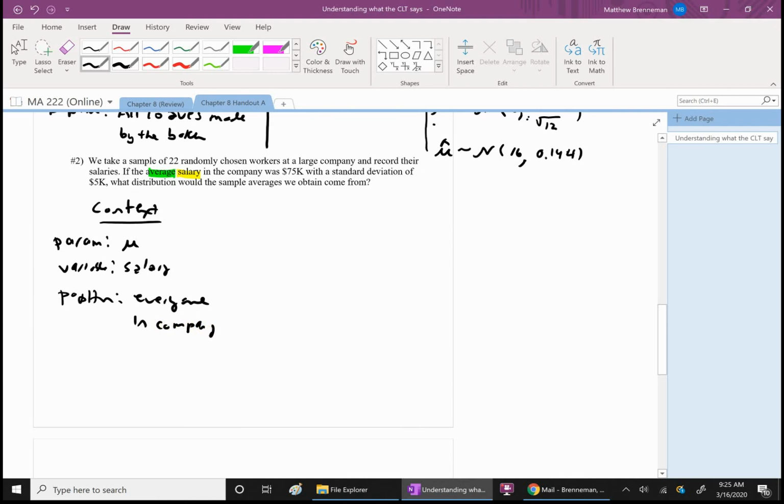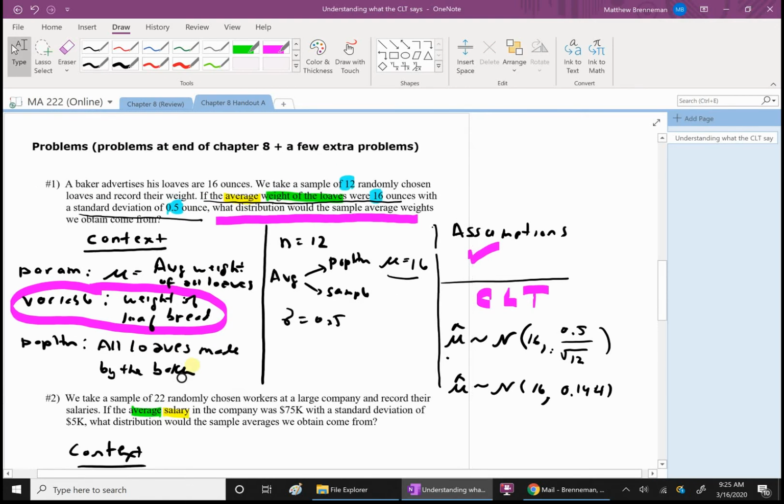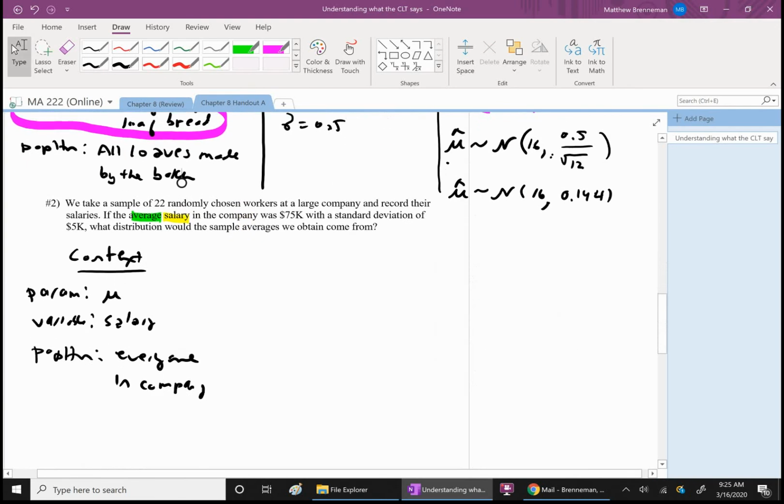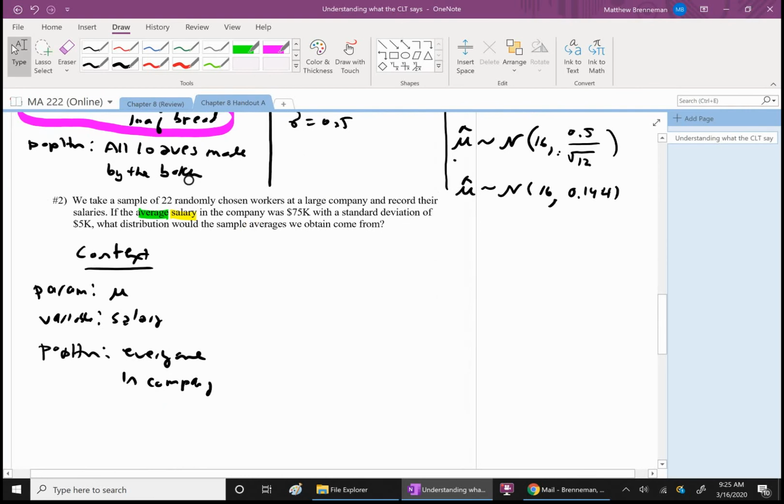And of course, now we can figure out what mu is. Mu is the average salary of everyone in the company. Everything should kind of hang together when you're doing this sort of analysis. It should be self-consistent. Average salary of everyone in the company. Okay, good.